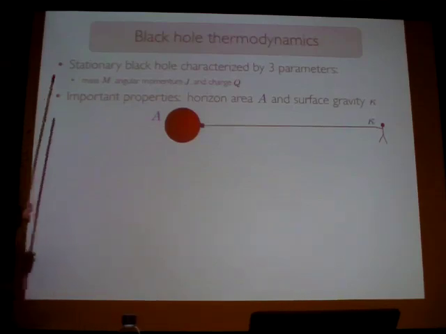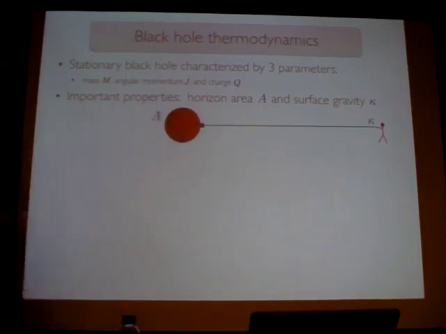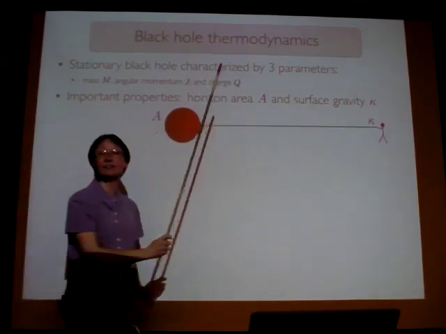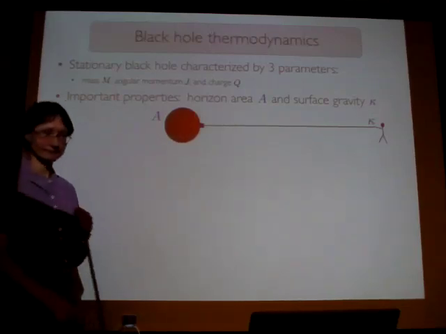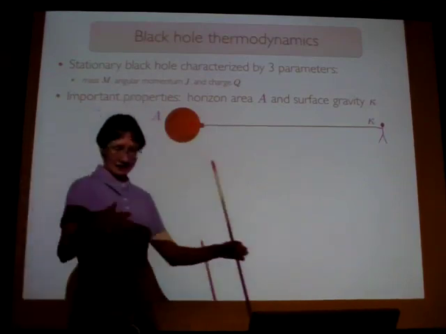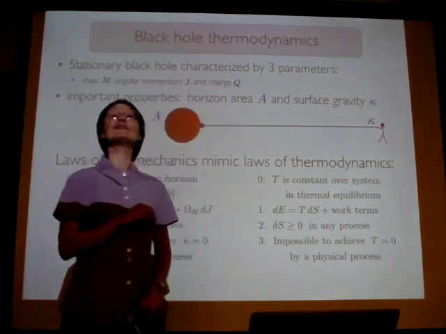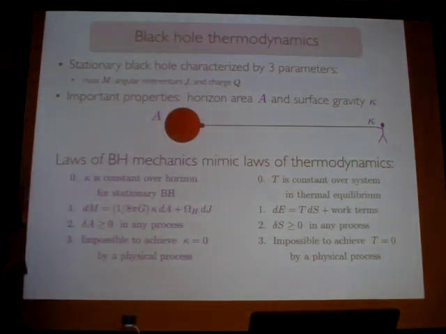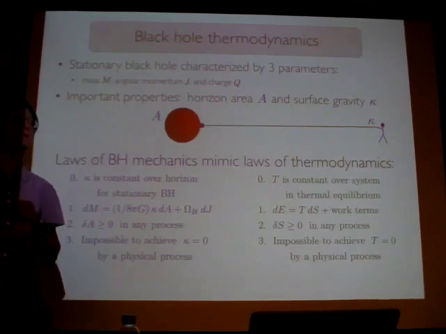The most important of those are the horizon area, the surface area of the black hole, and something called surface gravity, which you can think of as a force exerted at infinity to hold a unit mass object suspended just above the horizon. It turns out that these features behave very much according to the ordinary laws of thermodynamics.